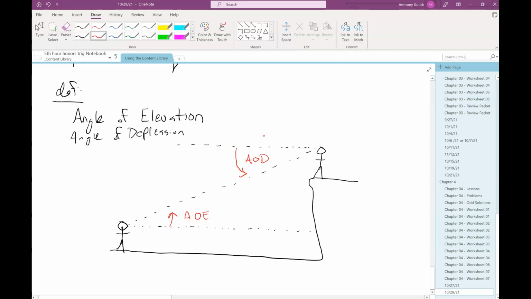And in this case, yes, those would be the same angles because they're alternate interior angles, since your lines of sight are parallel. We okay with that vocab?